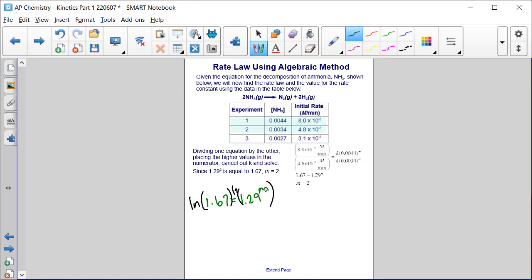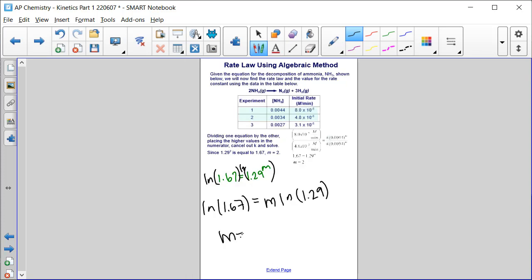The result of that is to move this exponent into the front as a coefficient. So it's the natural log of 1.67 is equal to M times the natural log of 1.29. Okay? And now solving for M is pretty straightforward.